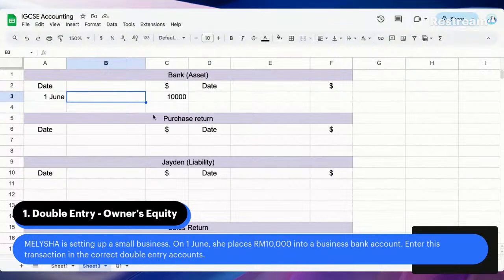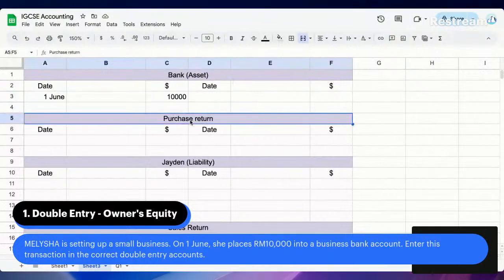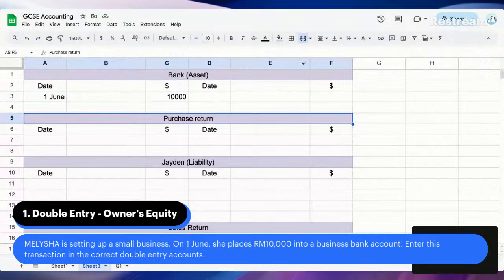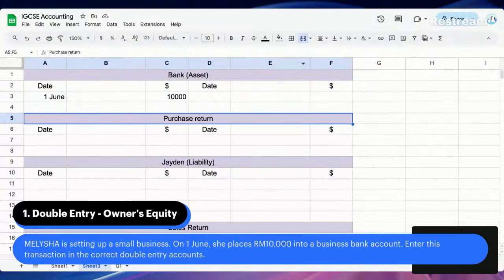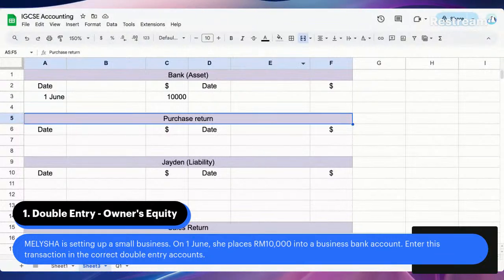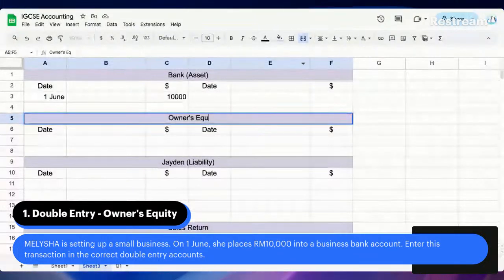And then the other one, Melissa put in the money. So Melissa putting in money means that her share in the equity of this business is increased. So it is owner equity, which in this case is Melissa.